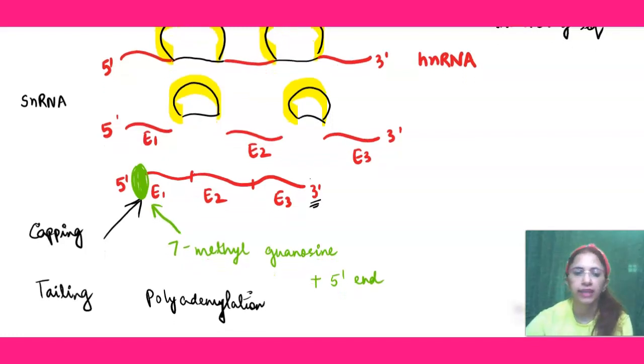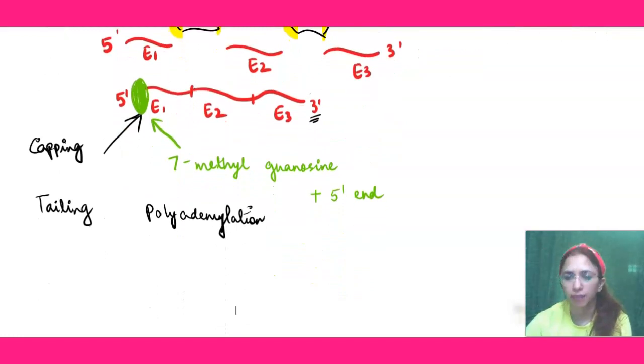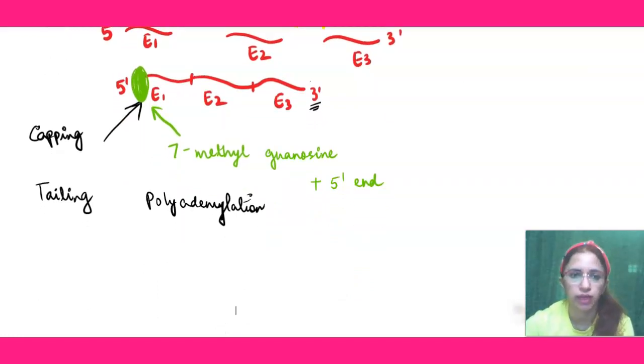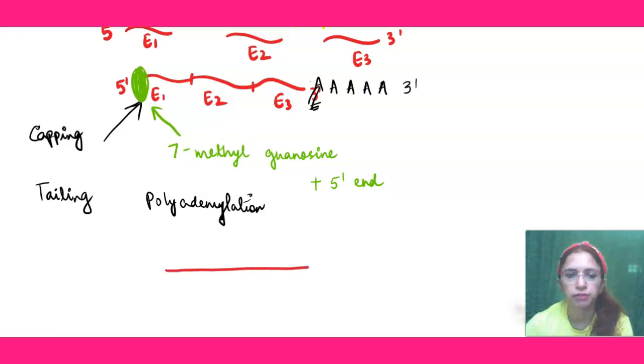Polyadenylation means the addition of the A base, adenine base, right? So I am writing here, only this will be removed, and in place of it, A sequences will be added. So this will become the 3' end. So ultimately our product will be a cap in the beginning, which is the 5' end, all the exons together, and a poly A sequence at the 3' end.